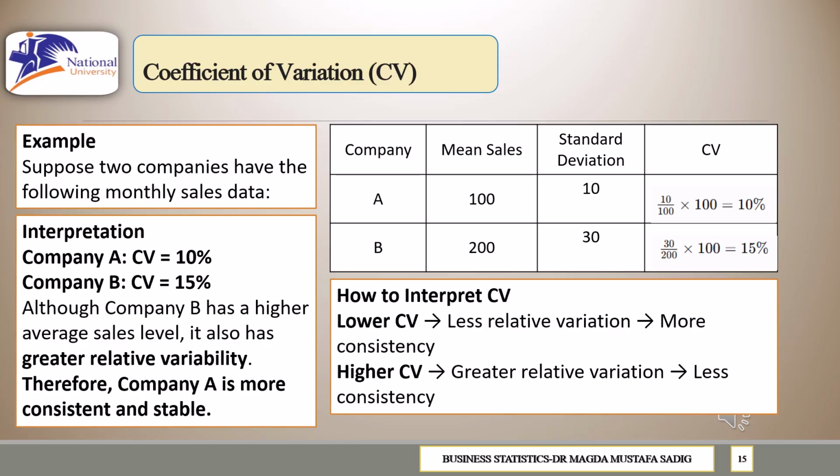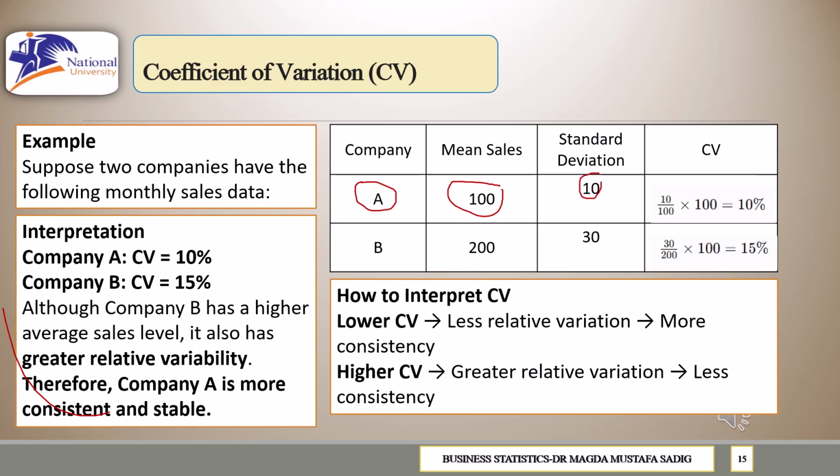Let us take an example of the coefficient of variation. So here we compare company A, with mean sales of 100 and standard deviation of 10.